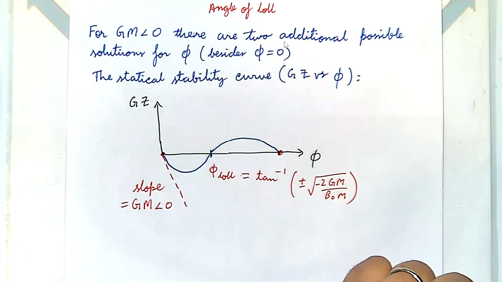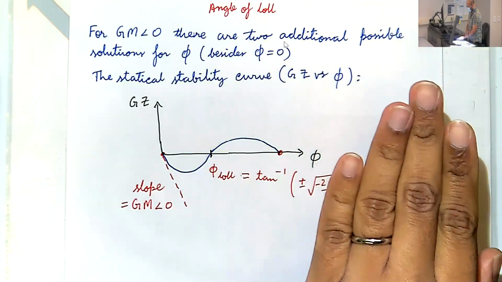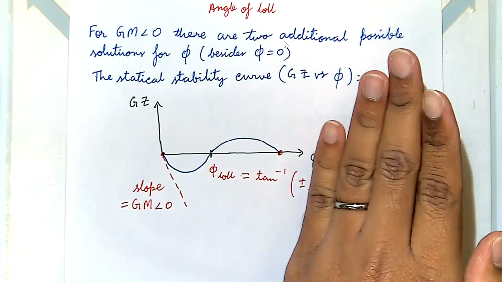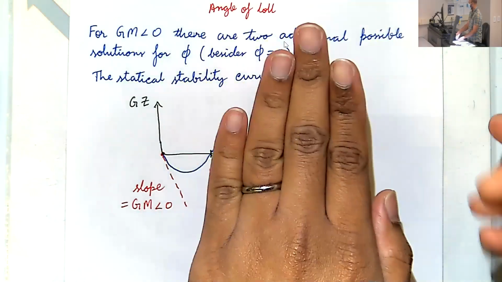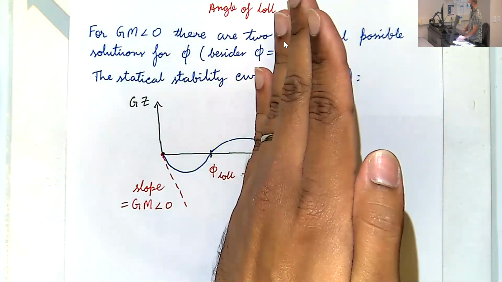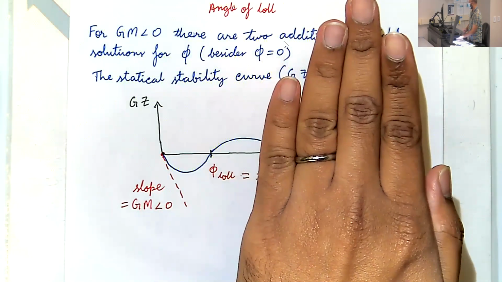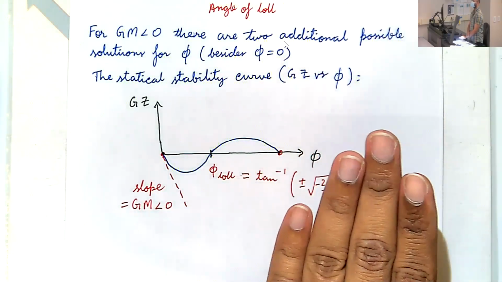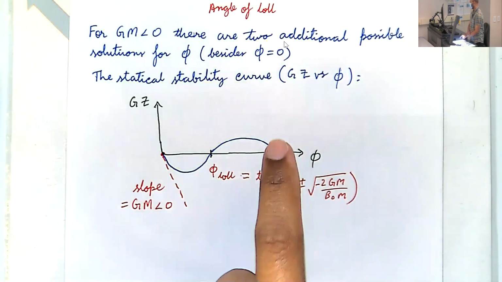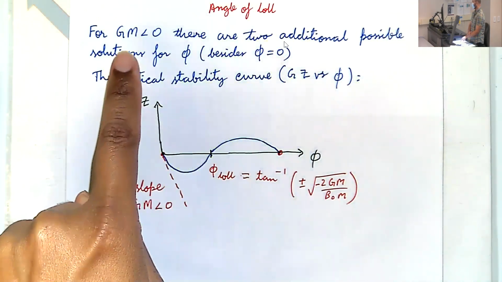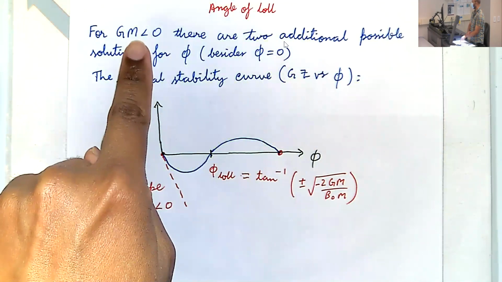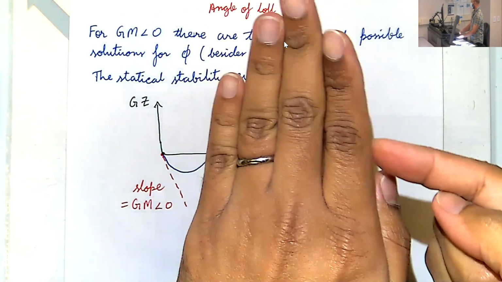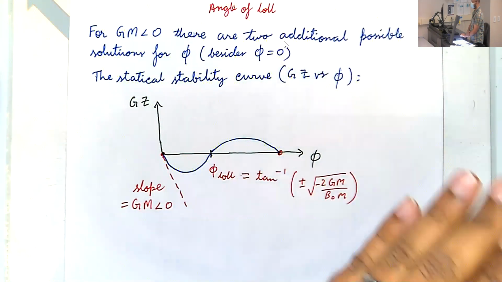It will tilt depending on the force and return to the original position. Oh, so you're saying baby comes along, kicks it, so it'll tilt slightly and return to upright? Yes, unless there's a super kid or something. All right, so that's not what will happen in this scenario. You're correct, if GM is greater than 0, that will happen. But remember, GM is less than 0, so our hull is not stable. Any little perturbation will cause you to go further.